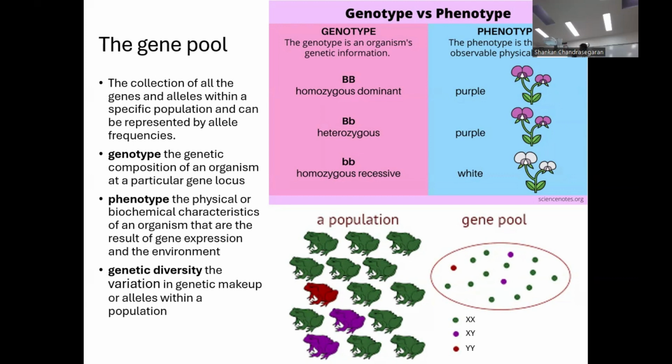Lastly, genetic diversity refers to the variation in genetic makeup or alleles within a population. Like we saw in the picture with the sheep just now, in a population there can exist a lot of variation between the alleles. Some can be homozygous dominant, some can be heterozygous, and some can be homozygous recessive, and so on. There can exist a lot of variation within a population. That can even be the case right now in this room.